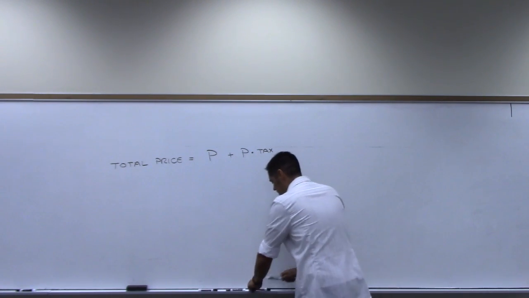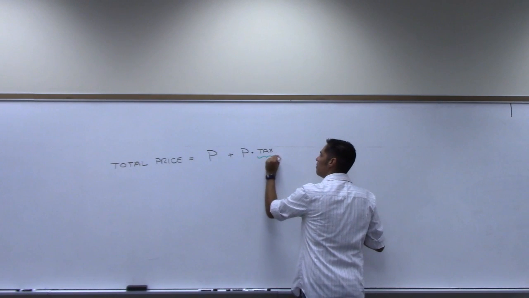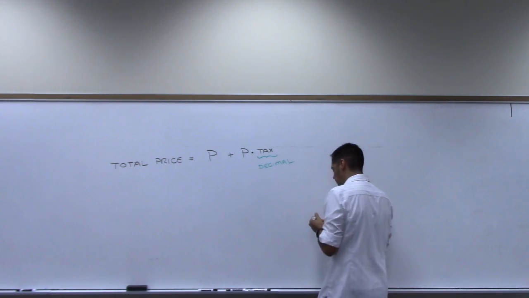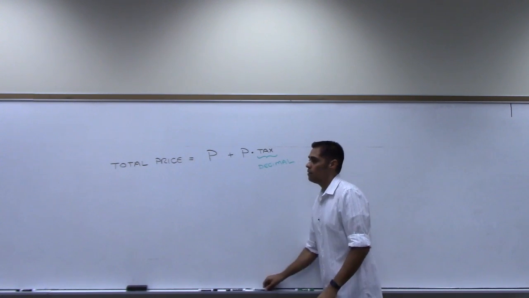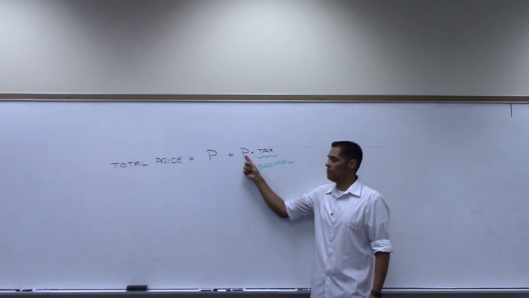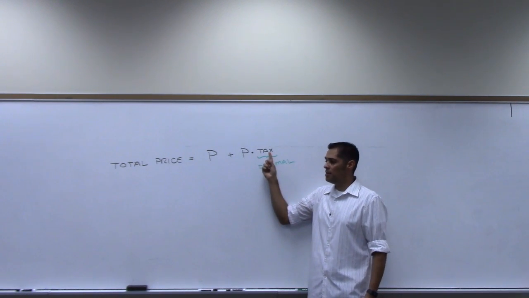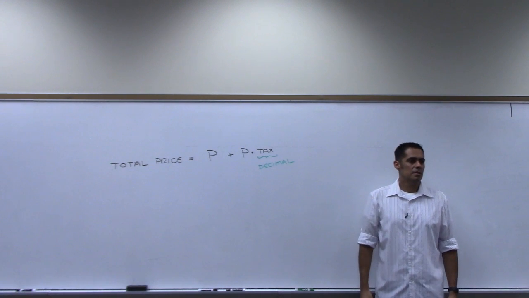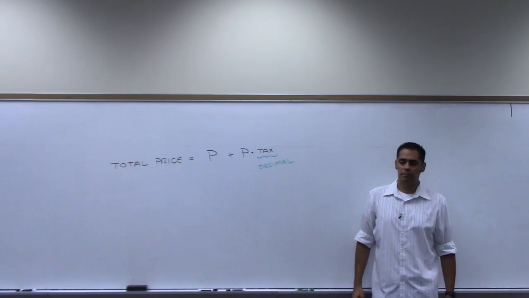And that tax must be written as a decimal in order to use this formula. So you take the purchase price, multiply times the tax rate, add that to the price, and that's how much you're going to pay.